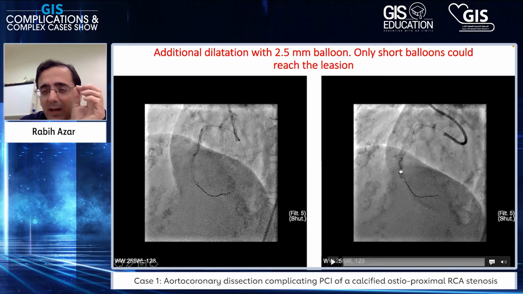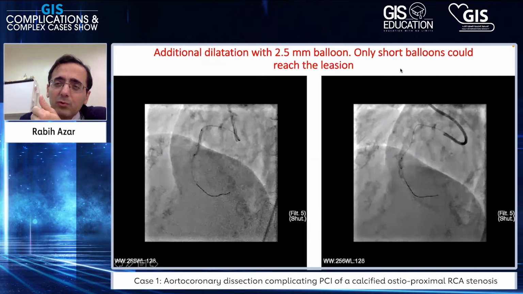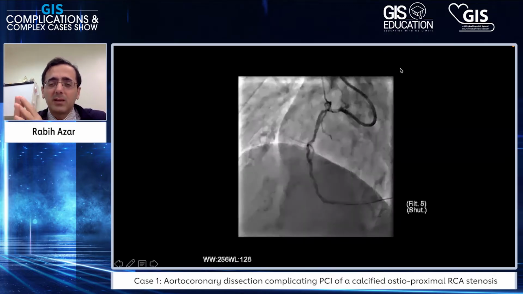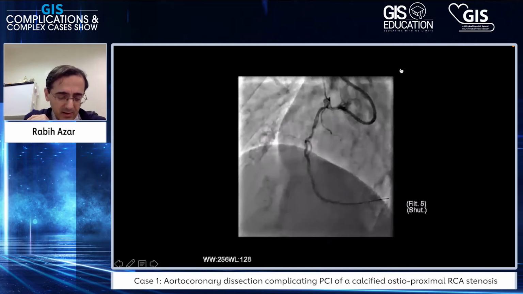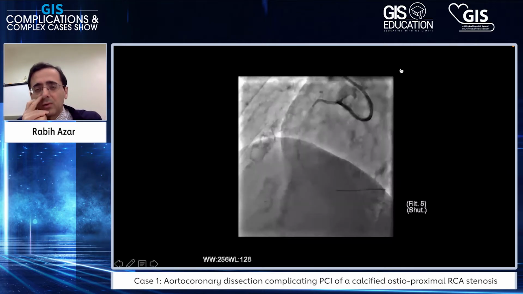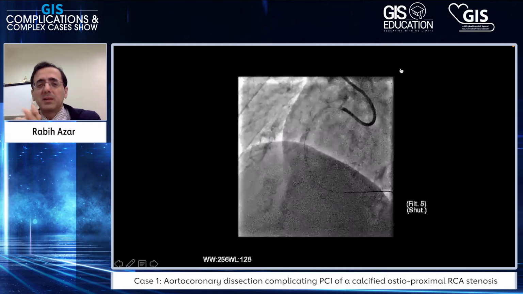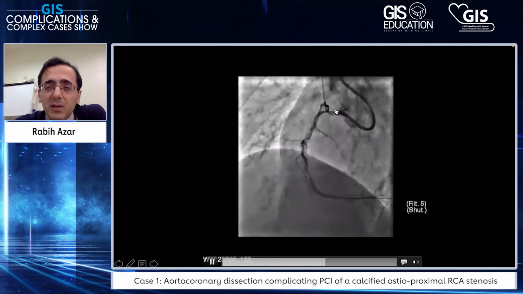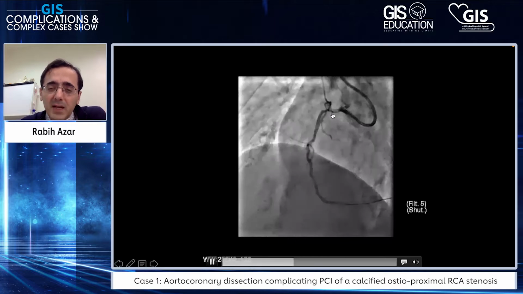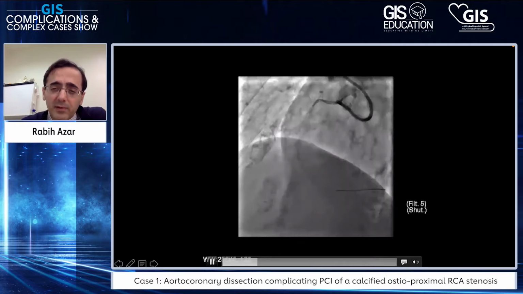I went in, I dilated the distal part of the lesion, I dilated all the proximal part, and I went back in with a 2.5 balloon and did additional dilatation. And this is the view after additional dilatation with the 2.5 millimeter balloon. It looks better. There is dissection here proximally, but at least now I can attempt to deliver a stent.